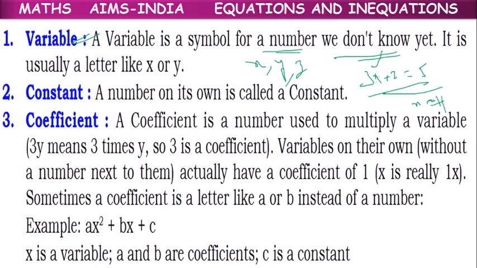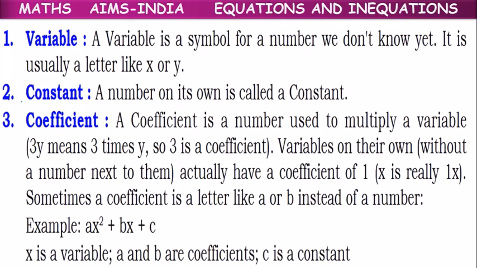It is usually represented by a letter like x, y, z. A constant means a numeral on its own, a number whose value does not change. In any mathematical operation, its value will always be constant.